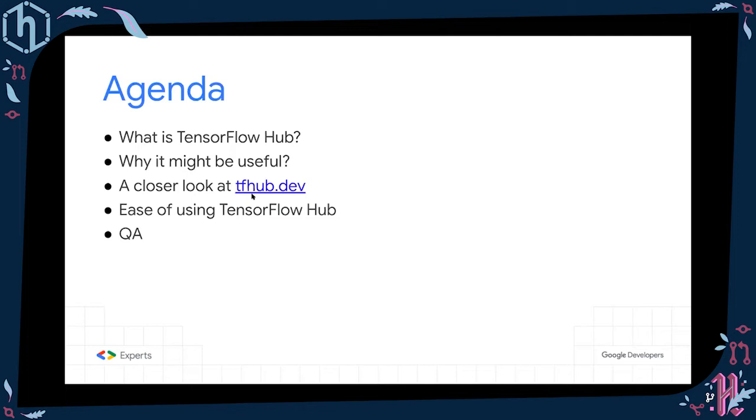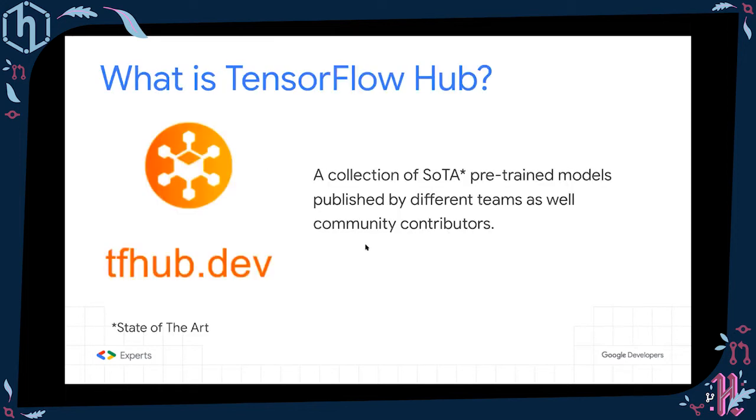We'll then take a closer look at tfhub.dev, the online platform of TensorFlow Hub, and spend some time discussing the ease of using TensorFlow Hub. If time permits, we'll have a question answer session as well. Okay, so what is TensorFlow Hub?